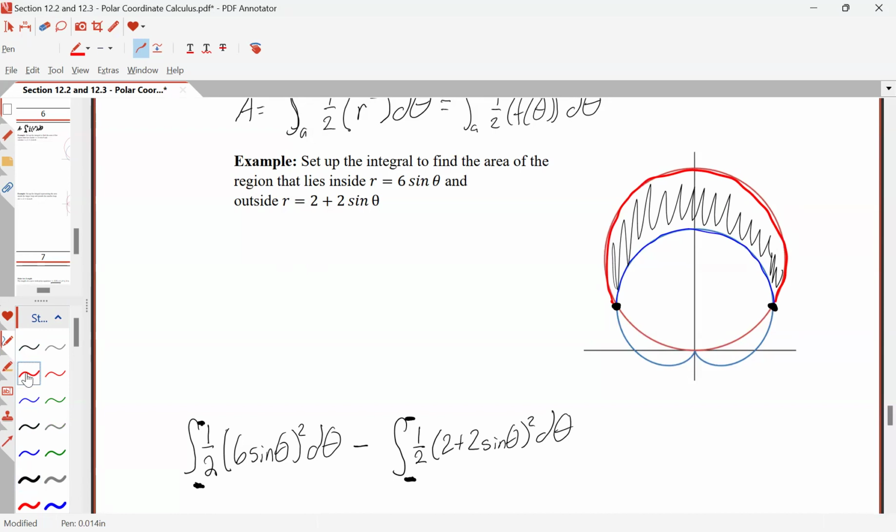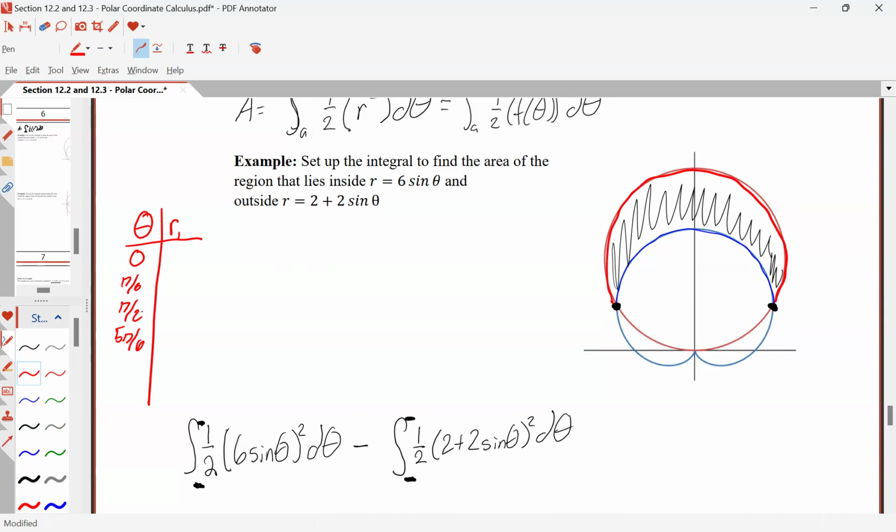So first, finding some points on the red circle. I am picking out values that make sine either 0, 1/2, or 1.